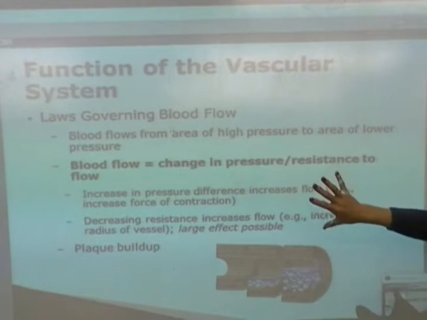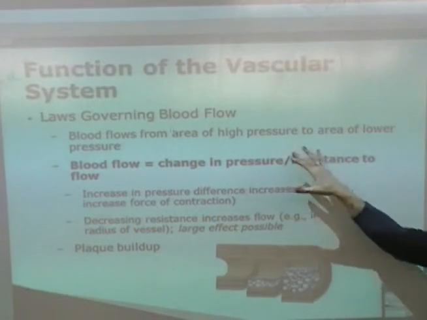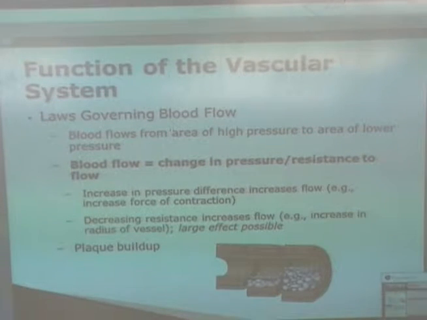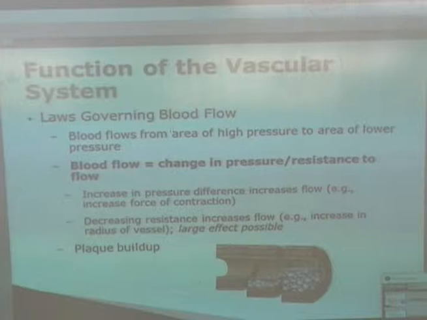So then we can alter blood flow mathematically by doing one of these two things, all right? We can increase the pressure difference, which occurs when we're exercising because of the stronger contraction of the heart muscle.